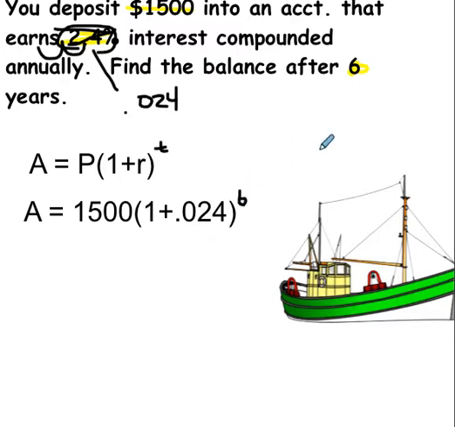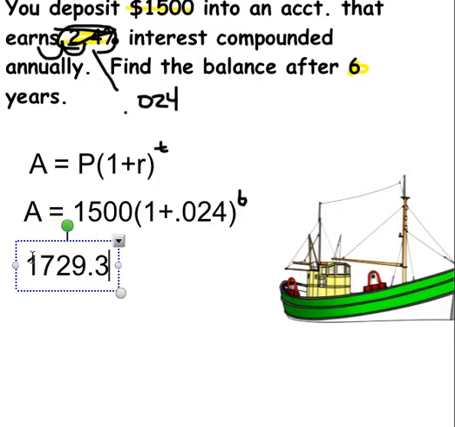Okay, now I'm going to type that in with the calculator exactly how I wrote it. 1500 parenthesis 1 plus 0.024, close the parenthesis, caret key, 6, enter. And my answer for that one is 1729.38, and that's in money.